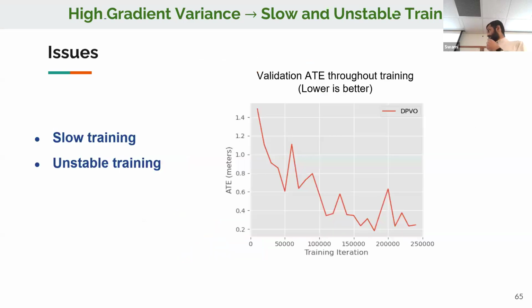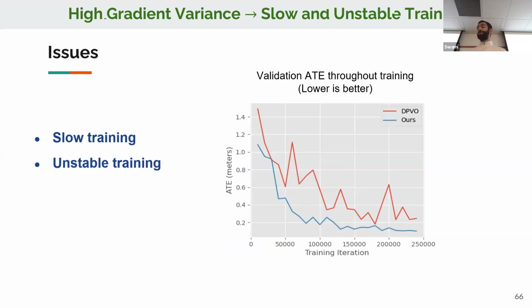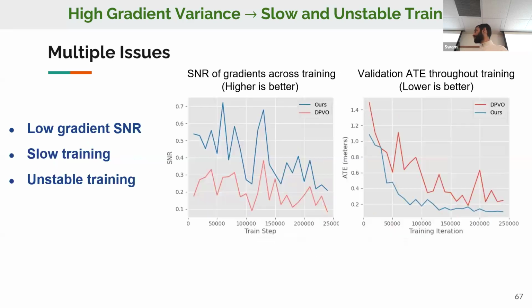If you plot the validation errors, or validation ATEs, across training for this model, you observe that the training is actually very unstable, and also very slow compared to what you would expect with some of the modifications we'll talk about in a little bit. If you also plot the signal to noise ratio of the gradients for these models, you'll observe that it is much lower than what you might hope for.